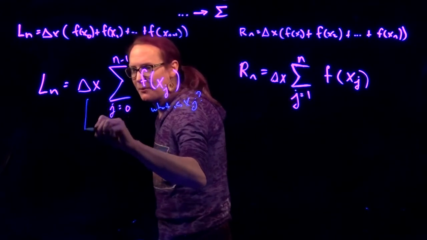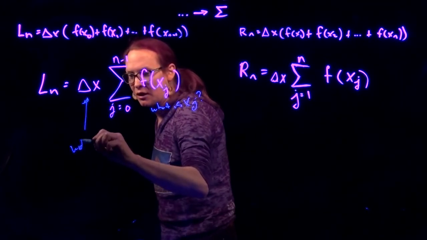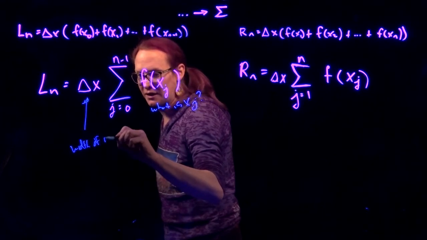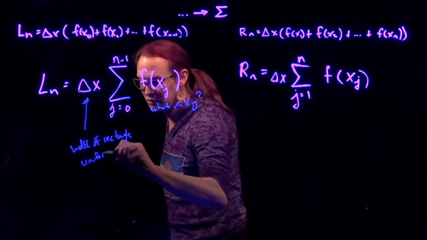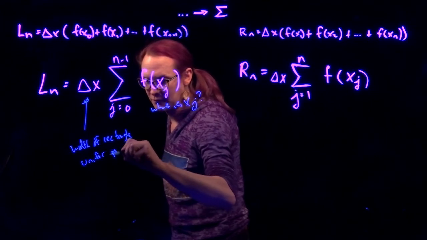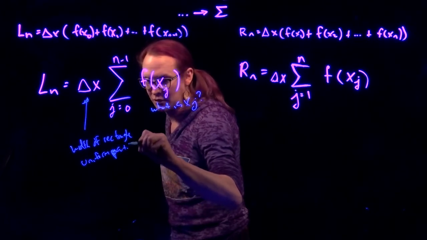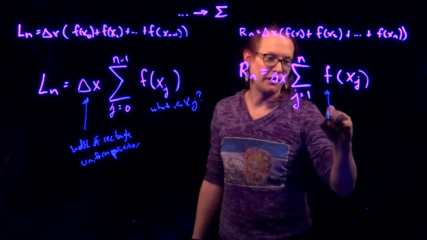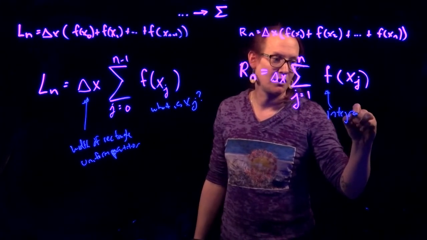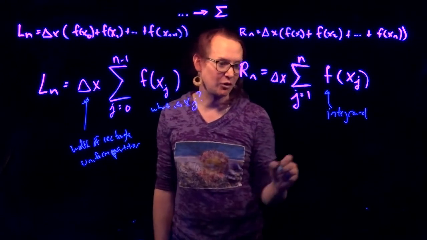Delta x is the width of a rectangle in uniform partition. And f right here is what we call the integrand, or the function that we're integrating.